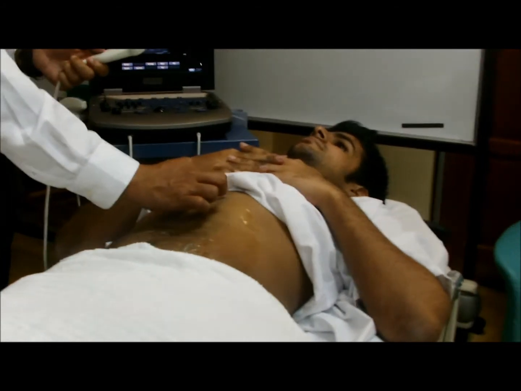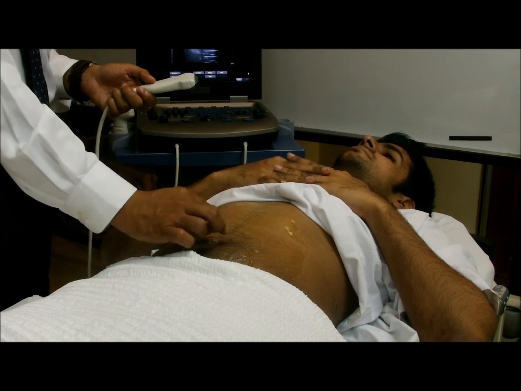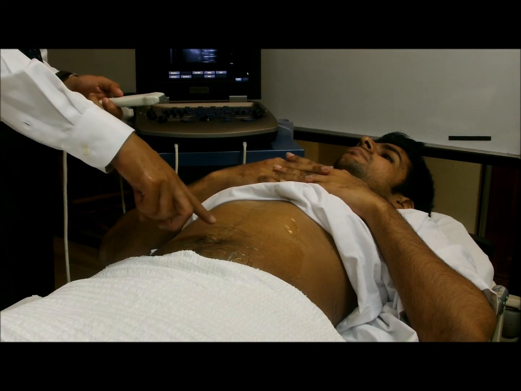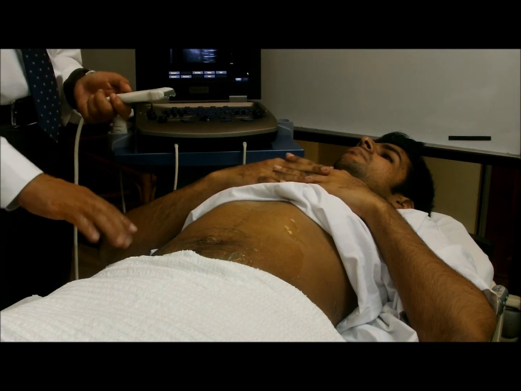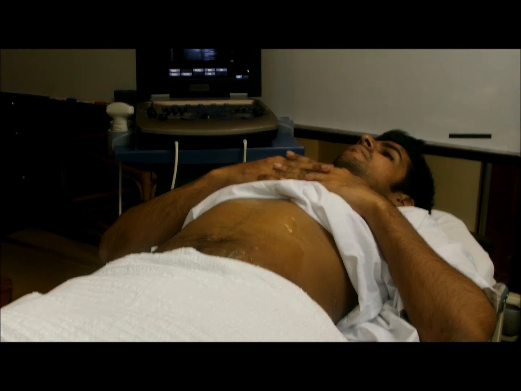The appendix will typically be a blind tubular structure, positioned close to the superior mesenteric artery. So to make it easier, we'll try and locate the superior mesenteric artery. If you remember just now, the abdominal aorta will come over towards the left side of the central part of the abdomen, and over the umbilical area would bifurcate towards the right and left common iliac artery. This right common iliac artery will go towards the right iliac fossa, and somewhere around the McBurney area is where you could locate your appendix, which is just next to the superior mesenteric artery.